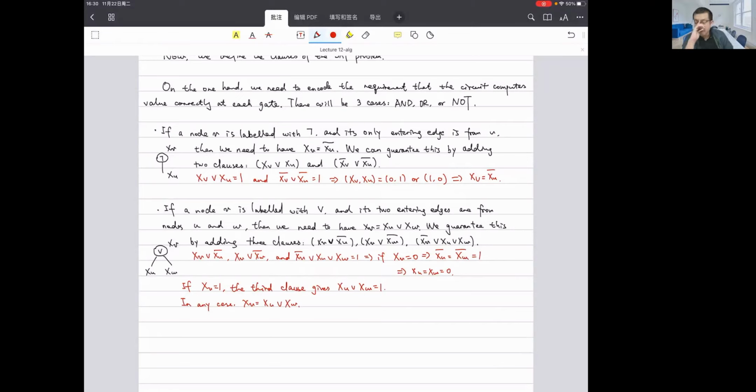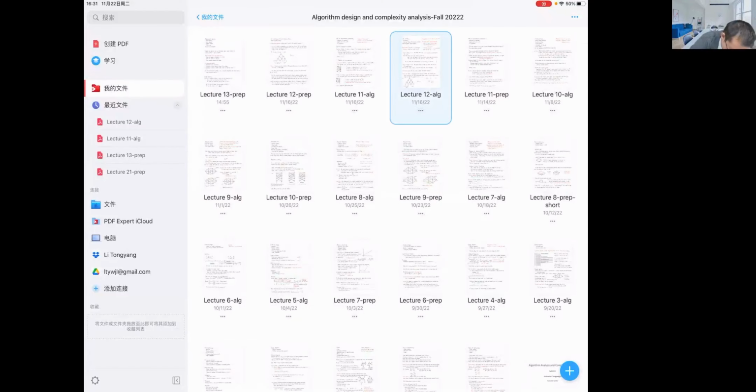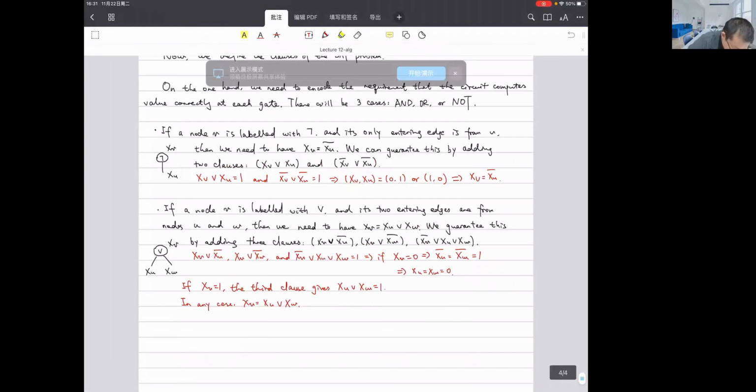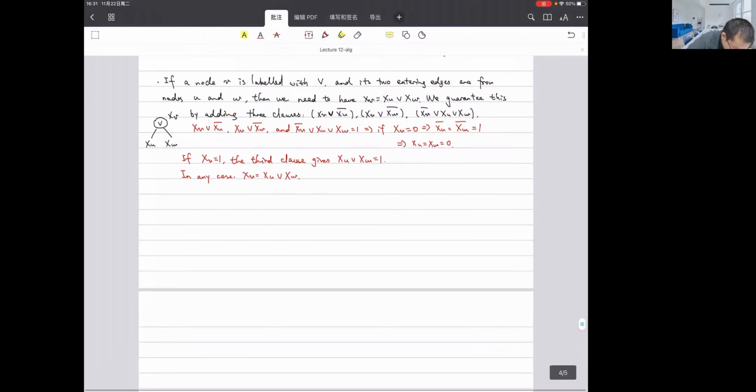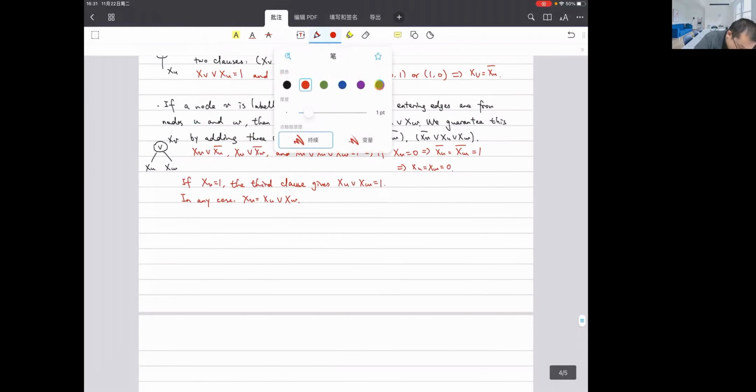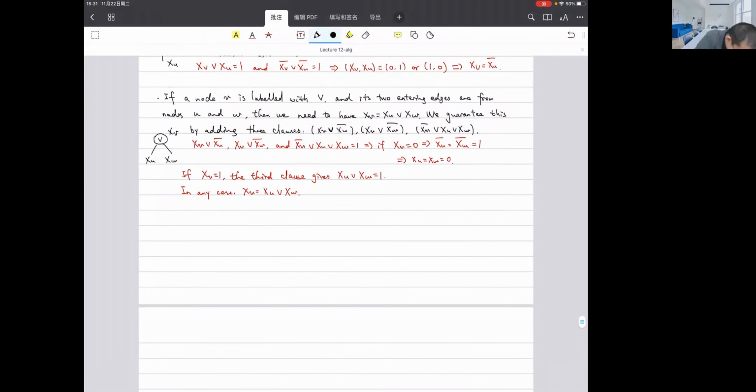So is there any question for this, for an OR node here? Okay, so the only remaining thing that we need to think about is the case where we have a node which is labeled as AND.